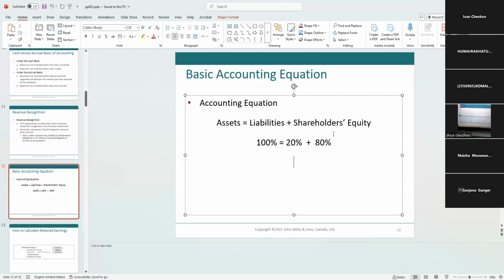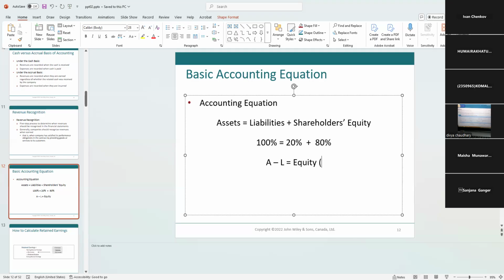So how can we get the liabilities? Well, since this is a formula, we can simply say assets minus shareholders' equity gives you the liabilities. But usually we're not doing that. What we're doing is deducting liabilities from the assets, and we're saying that this is equal to the equity.